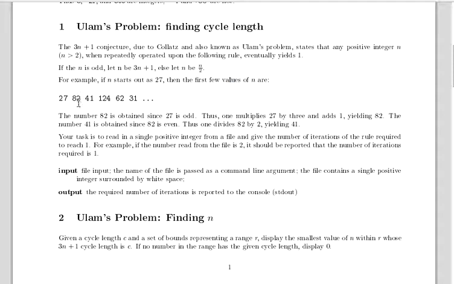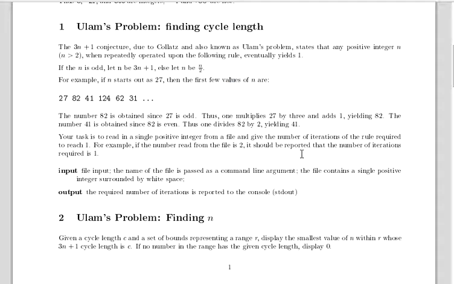Then your next loop would check if it's even or odd, and since it's even, it'll divide by 2, and you'll get 41. And then this process will just keep going until it finally reaches the number 1.